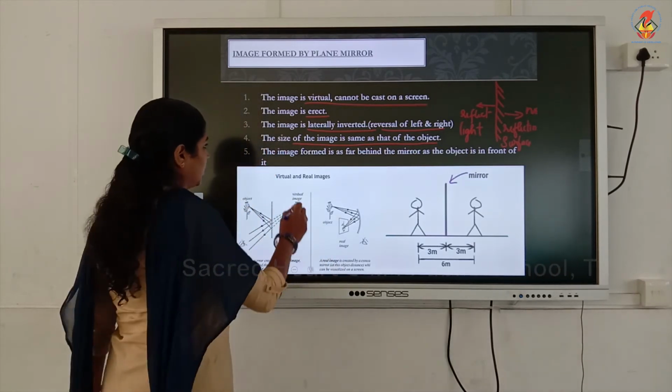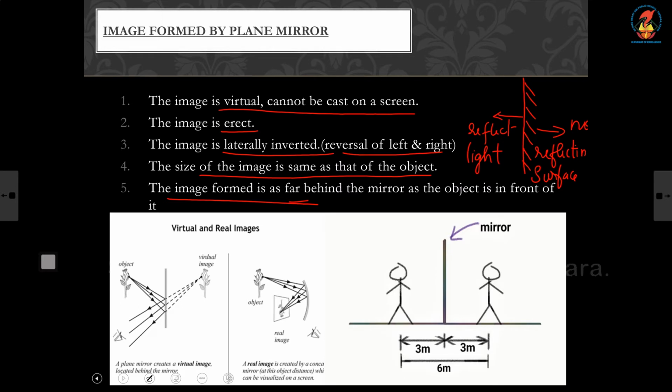Then the last one: the image formed is as far behind the mirror as the object is in front of it. This one is an object. This one is a plane mirror. This one is an image.